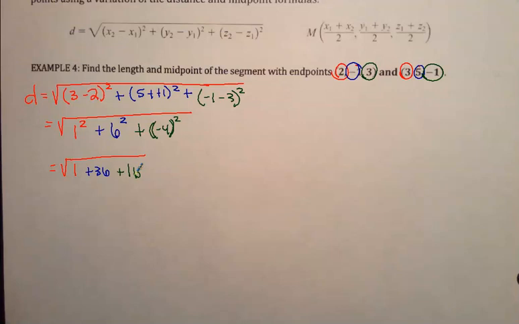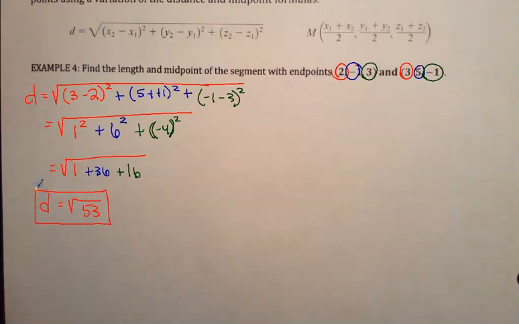All right, so this equals the square root of 1 plus 36 is 37, and 37 plus 16 is 53. I made my square root sign a little long right there. Okay, so my distance equals the square root of 53.